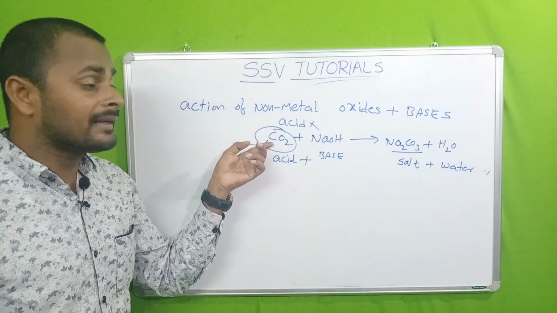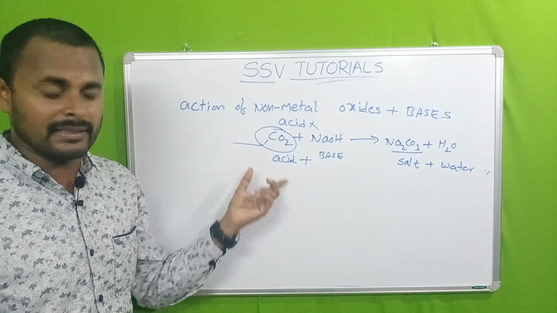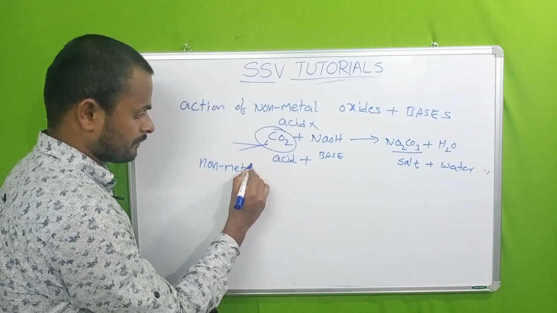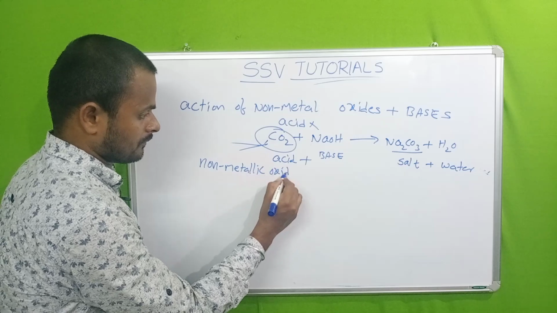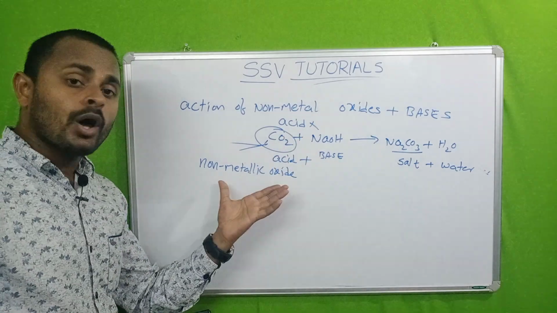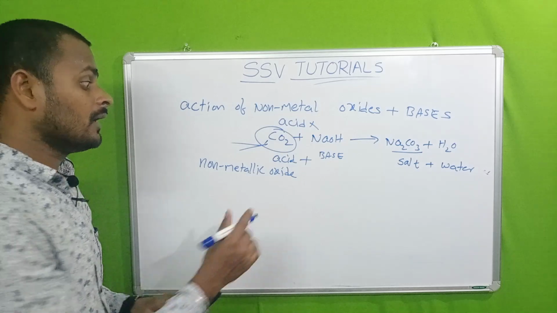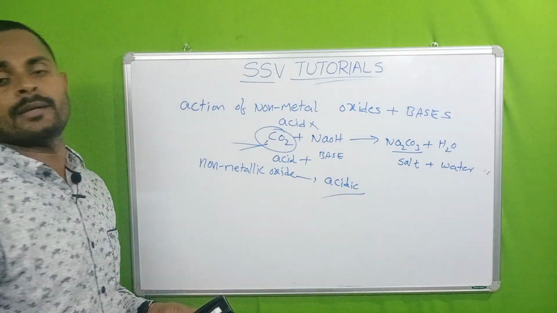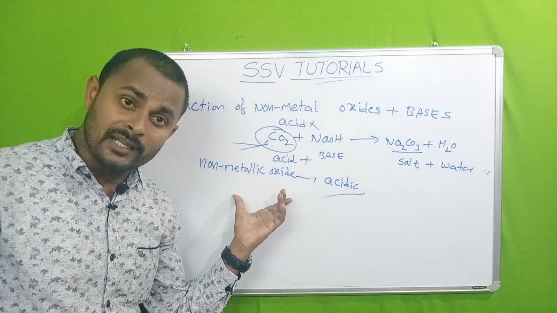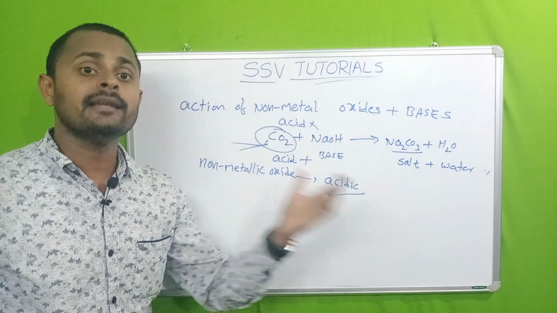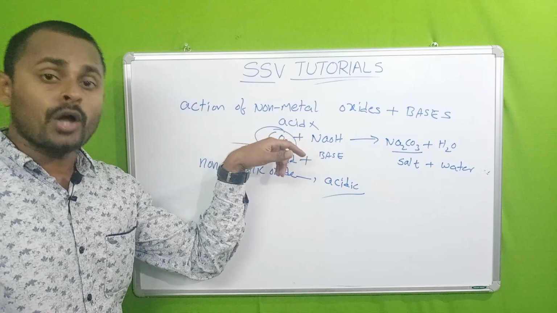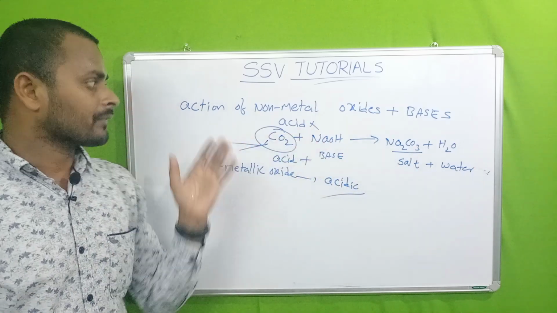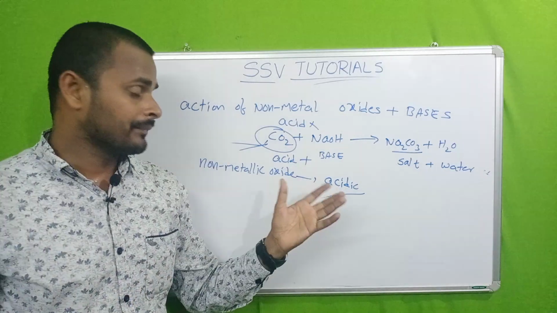So here carbon dioxide acted as an acid, since it is a non-metallic oxide. So all non-metallic oxides are what in nature? Acidic in nature. Very important. All the non-metallic oxides are acidic in nature. That is why a non-metallic oxide reacting with a base forms salt and water. So this is the class up to today.